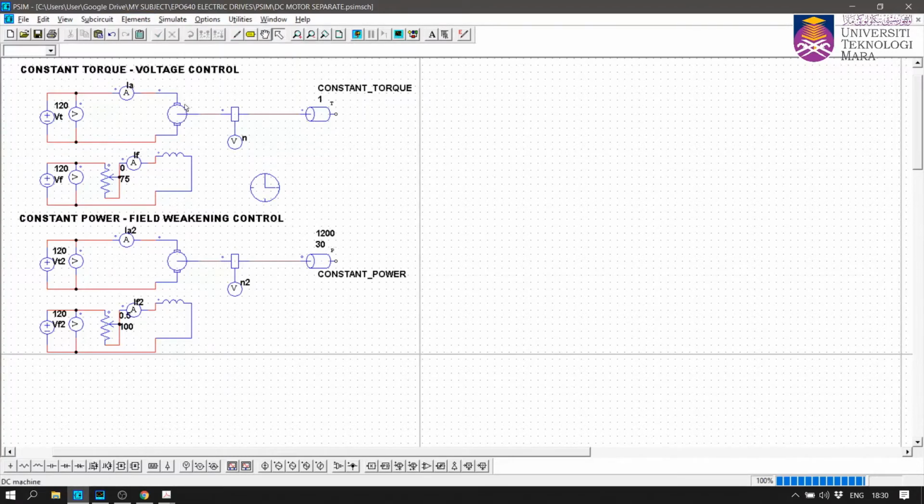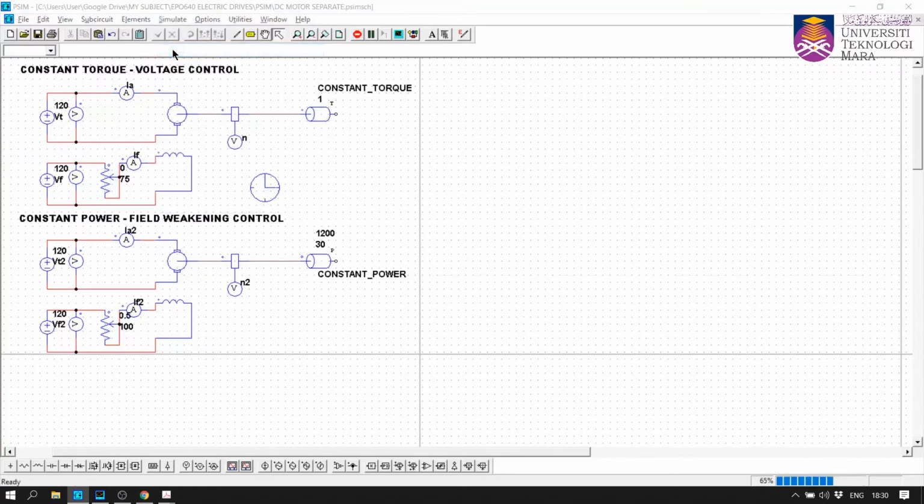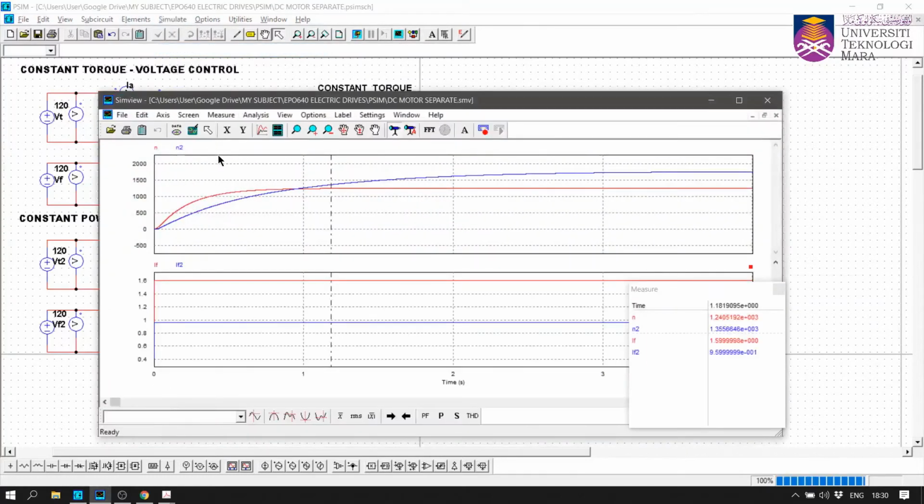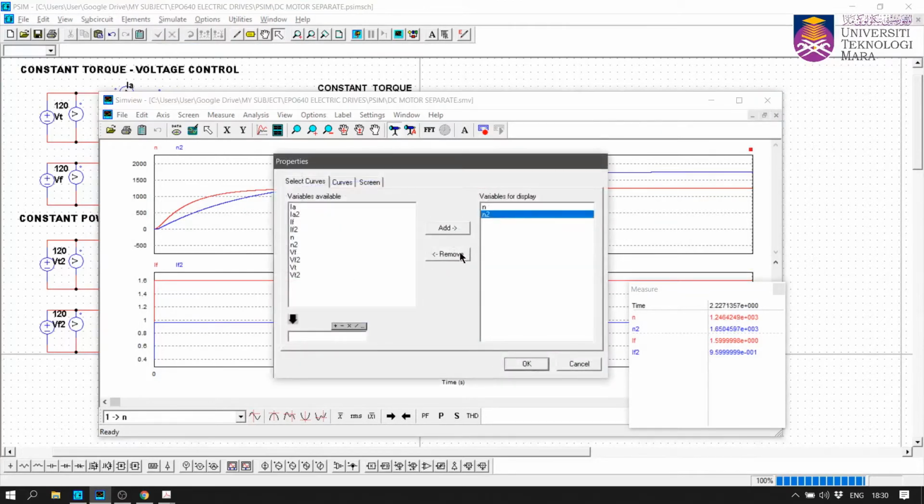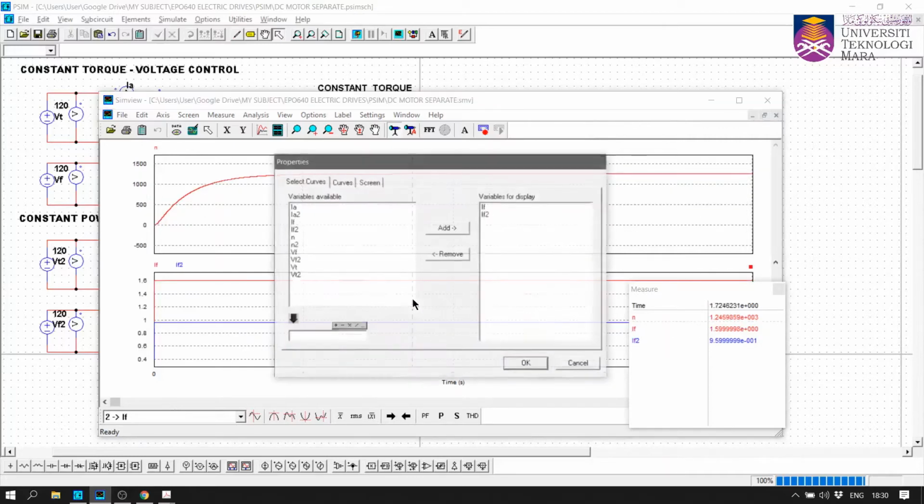So in this constant torque voltage control, we maintain the flux, but we can reduce and increase the VT here. So if I run this circuit simulation, I want to remove the IF first.